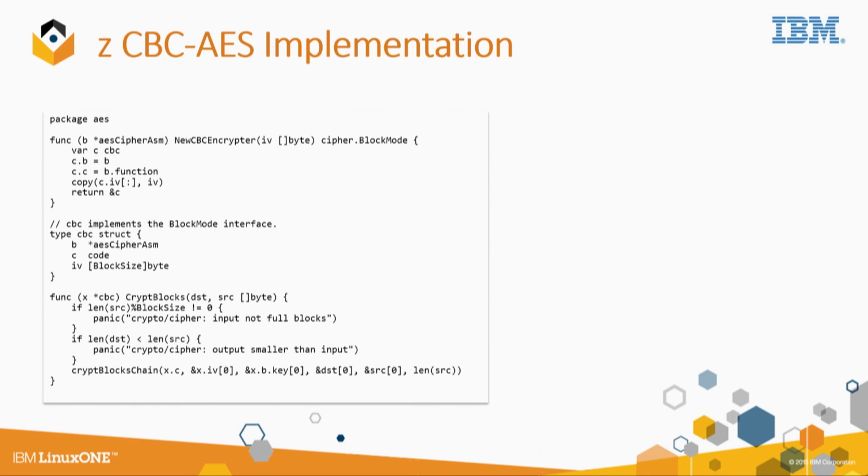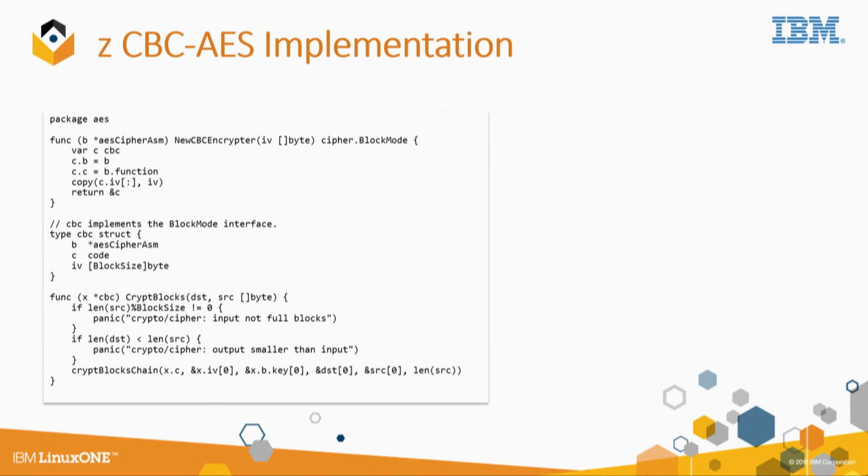And then in the crypt blocks function, we may call our assembly implementation. So that's nice. We have a way of creating our implementation. But now we need a way of actually calling it.